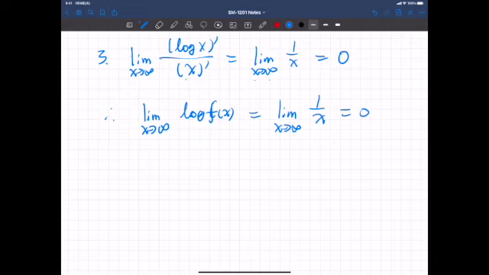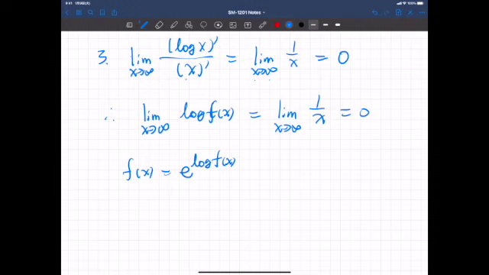So now note this relation: f of x is equal to the exponential of log of f of x.